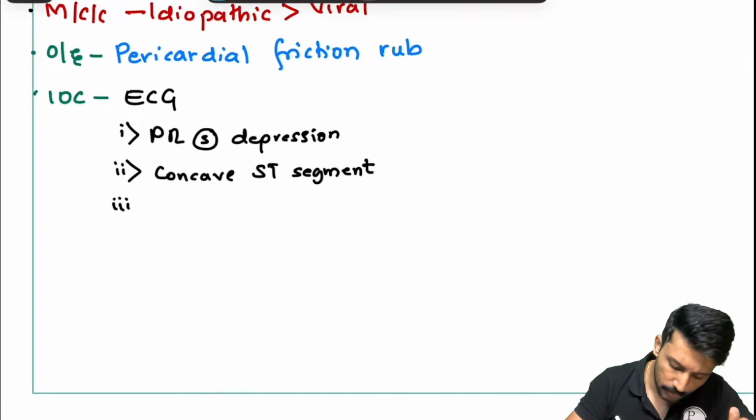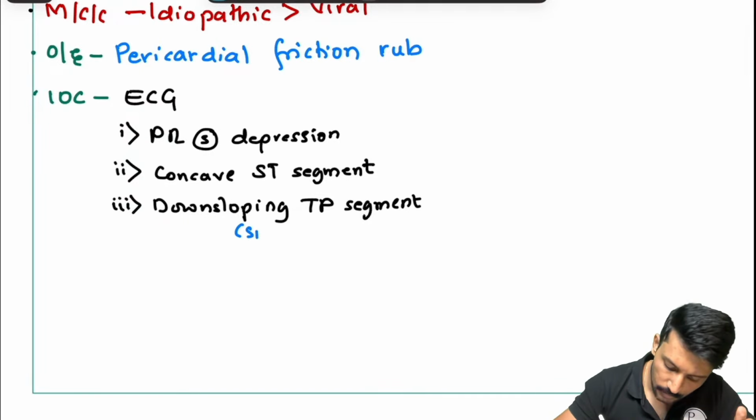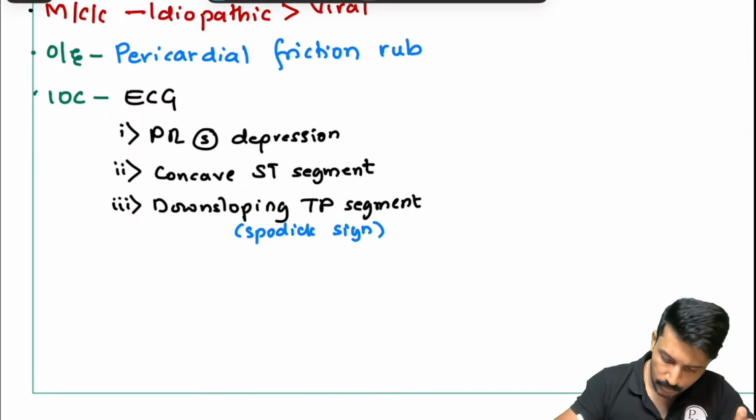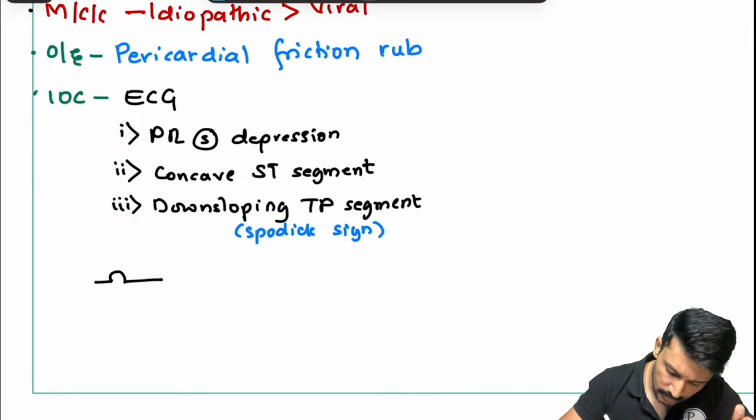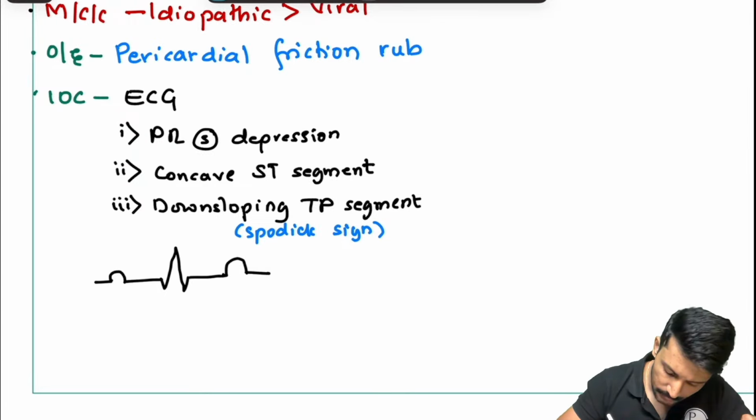The third finding is downsloping TP segment, also called Spodick sign. If this is how the normal ECG looks, the change here is that the PR segment gets depressed.